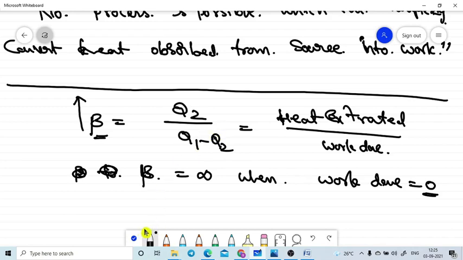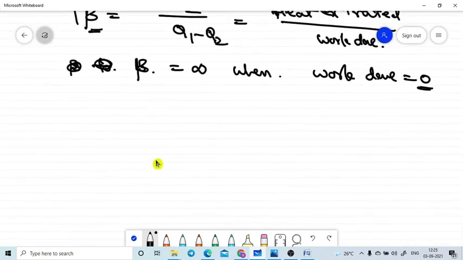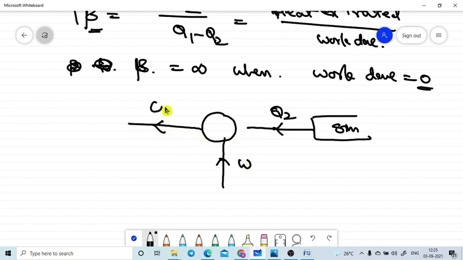So what will happen? Let me take the refrigerator diagram. In the refrigerator, it takes Q2 heat energy from the sink. By doing some external work on the system, it releases Q1 heat energy to the source.